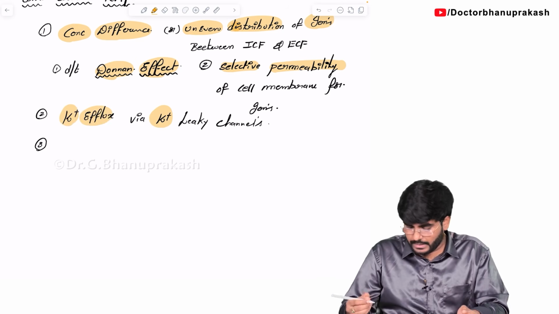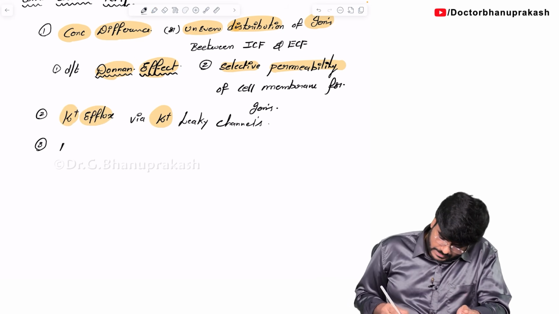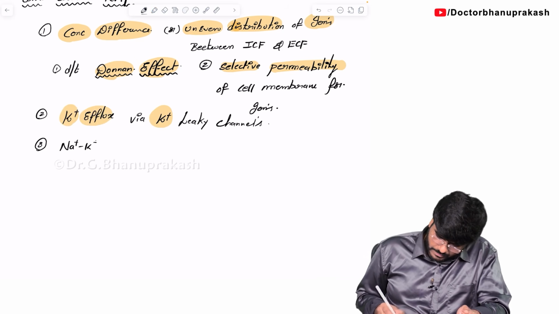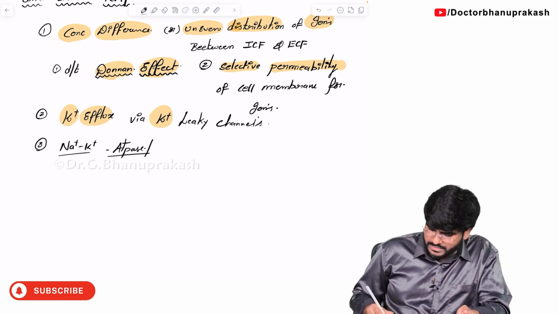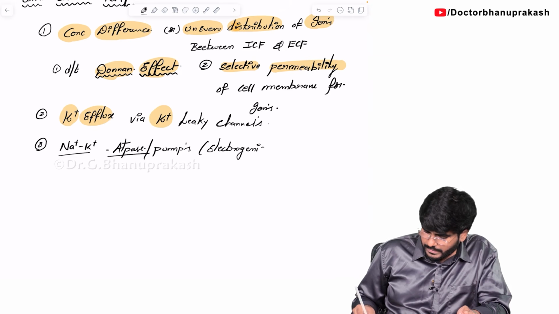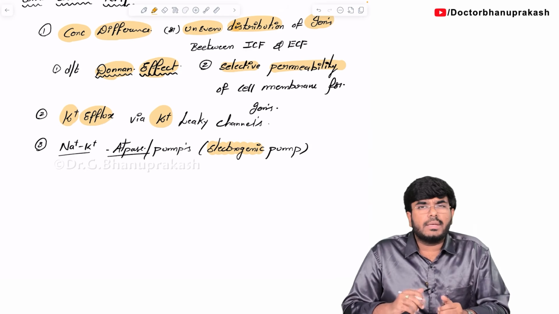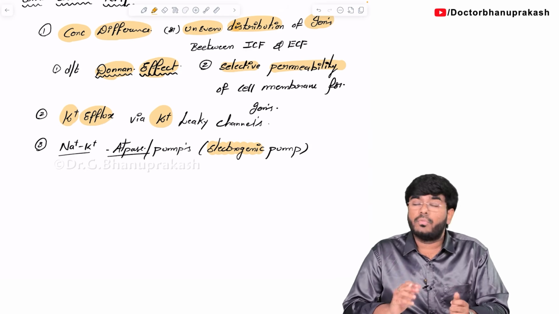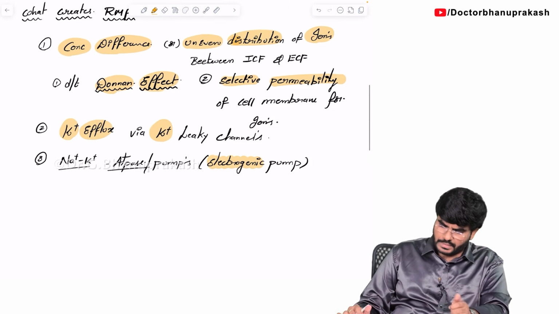And one more reason is the sodium potassium ATPase. The sodium potassium pumps are electrogenic pumps. What is the meaning of the word electrogenic? It is going to generate electrical voltage, causing this uneven difference in voltage. How? We'll discuss that.